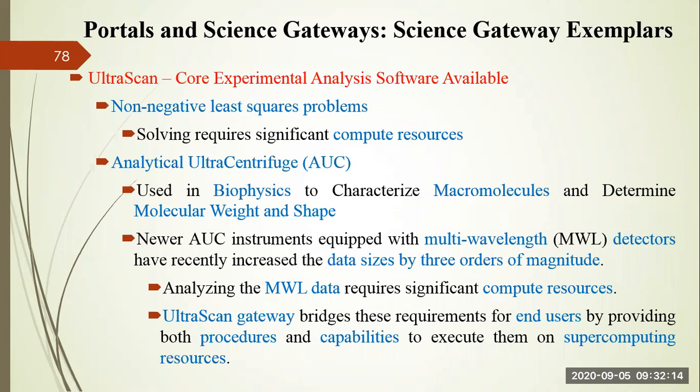Here also the computational requirement is very high, because the newer AUC instruments are equipped with a multi-wavelength detector, which increases the data size by three orders of magnitude. Analyzing this requires more computational power, which can be provided by UltraScan.